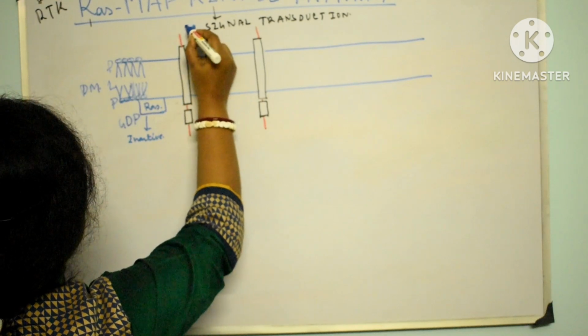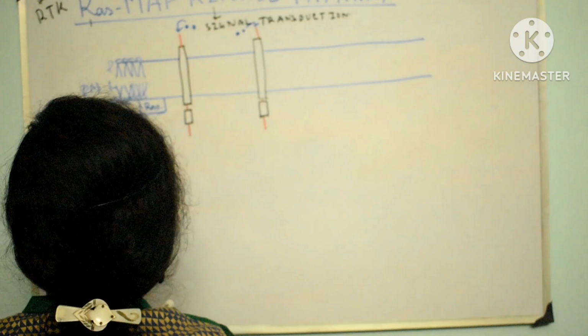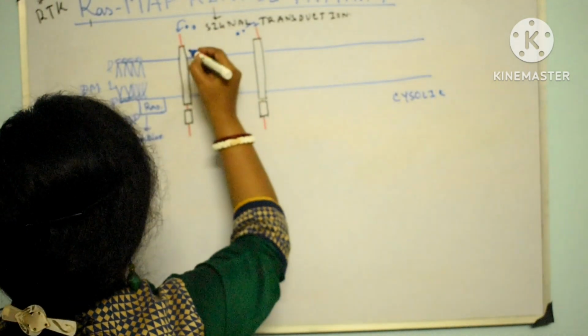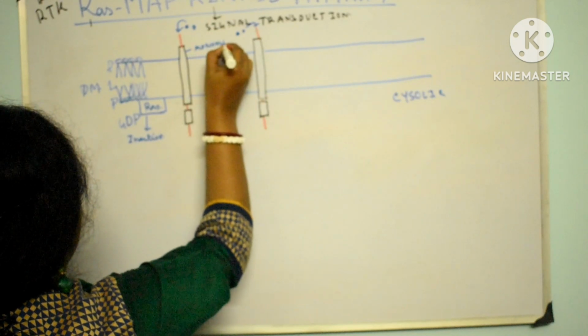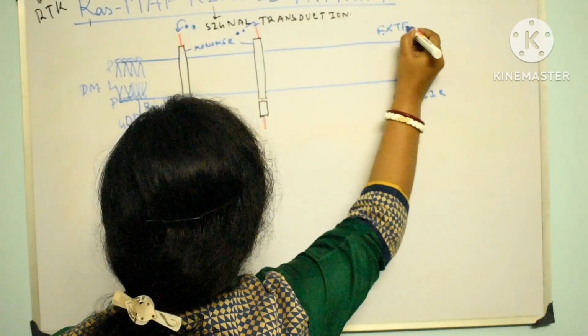Ligands are coming and going to attach here. Obviously, this is cytosolic. This one is the cytosolic domain, and both of these are in monomer form, and this is exterior.